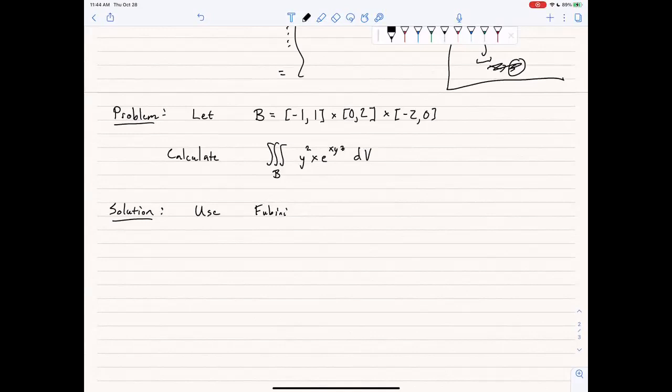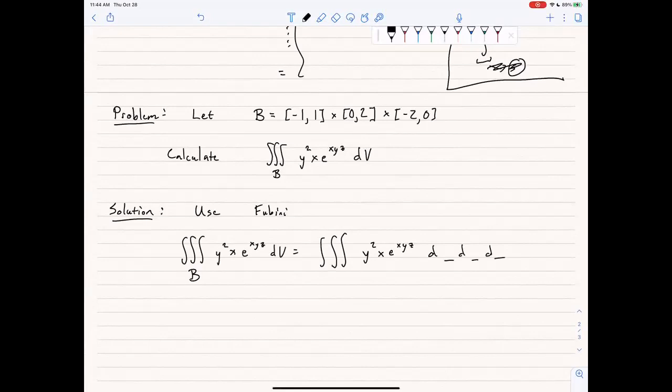So let's see. I'll rewrite this, and I'll write down Fubini: the integral over the box B, as three iterated integrals, with my function. Then I'm going to see what people think. So I need an order of integration here.